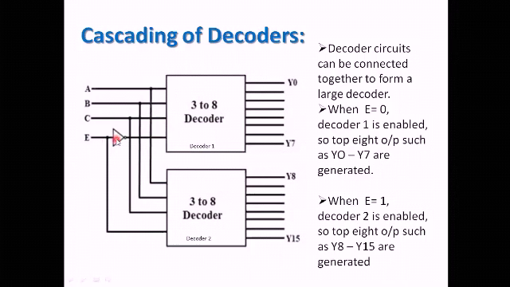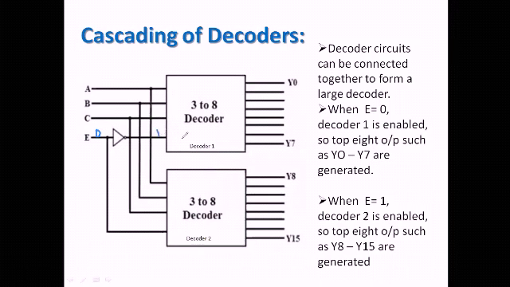So this enable is connected to inverter and it is connected to decoder 1, and this enable is connected to decoder 2. Now look here, when E is equal to 0, what will happen? Just let me write here. When E is equal to 0, then it is coming to the inverter and the output of the inverter is 1. It is fed to decoder number 1.